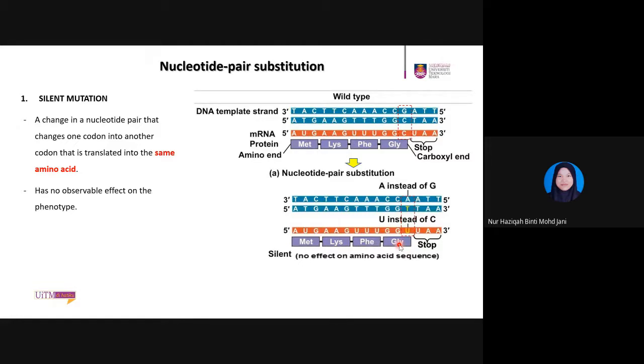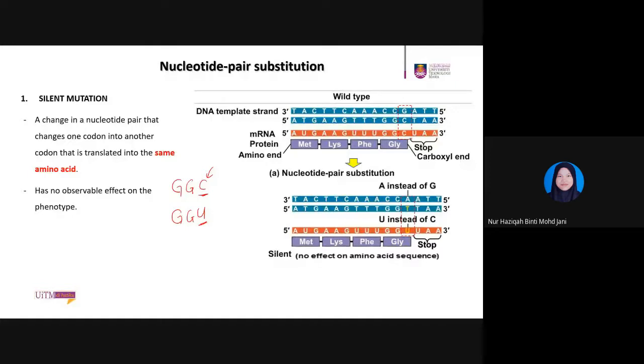For example, glycine. The original code reads GGC. But when the change occurs at the third base, instead of GGC, it reads GGU. Still codes for the same amino acid due to the redundancy feature of genetic code.